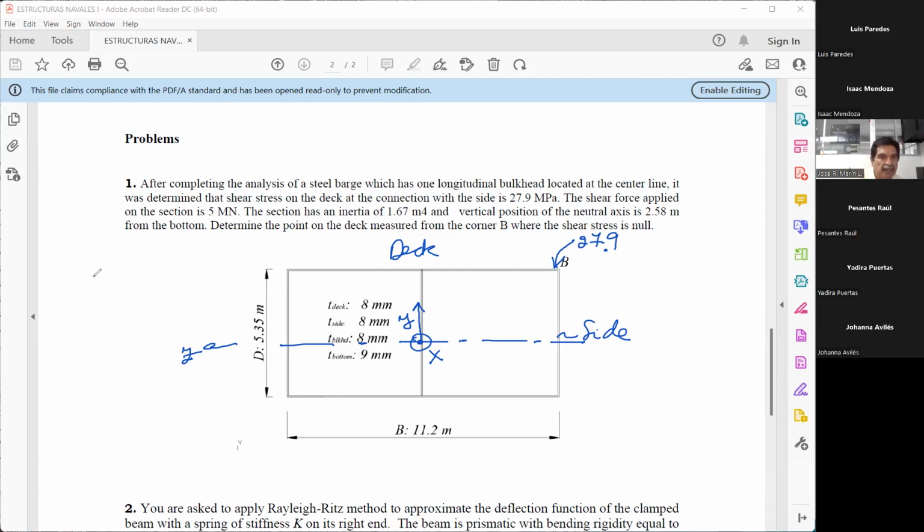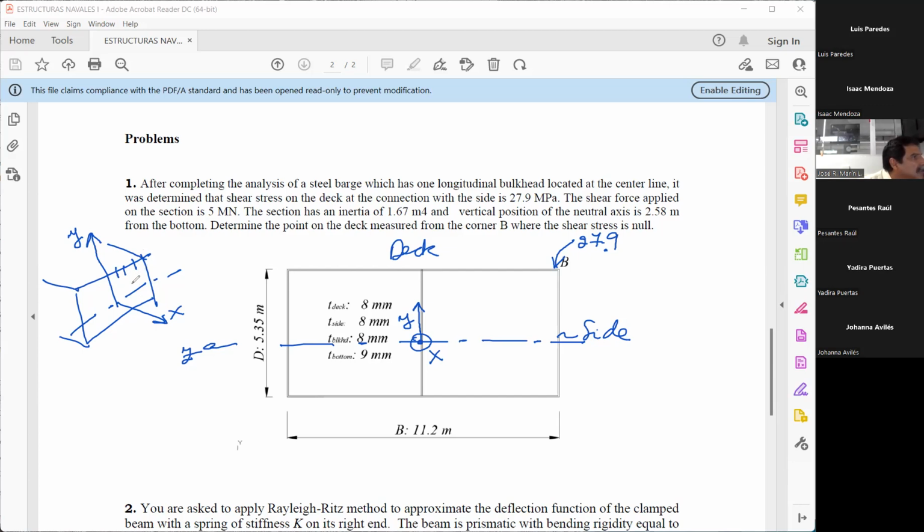Do you remember? If you make cuts at different points, different values, what's the distribution? You don't remember? Let me ask somebody.